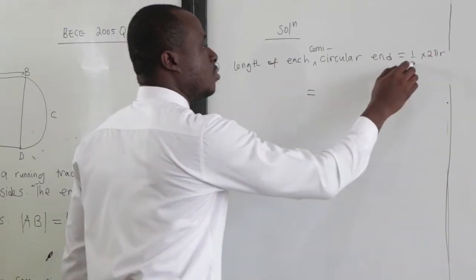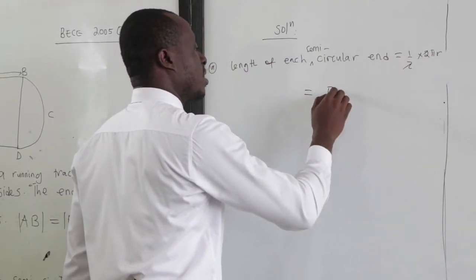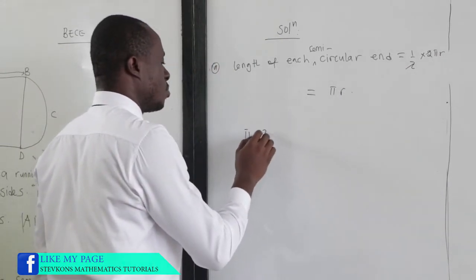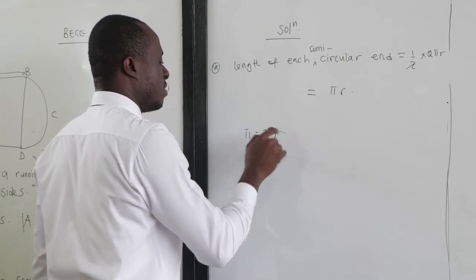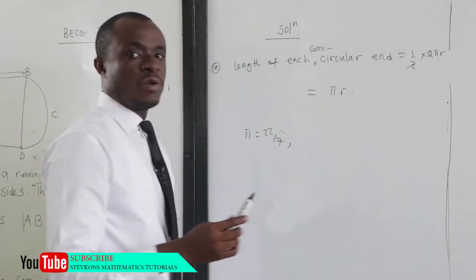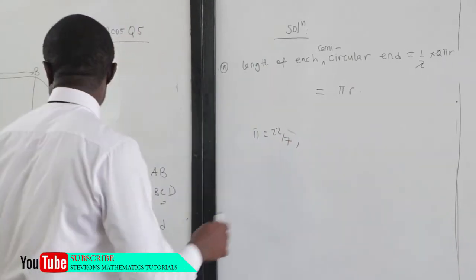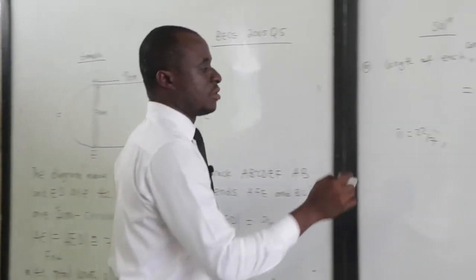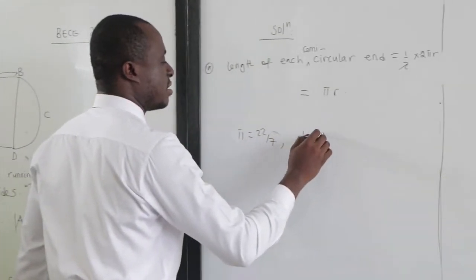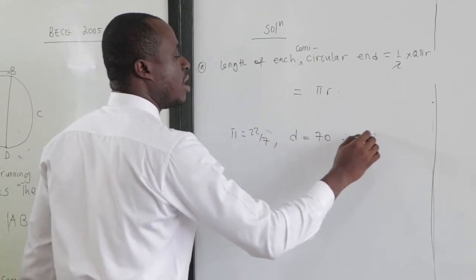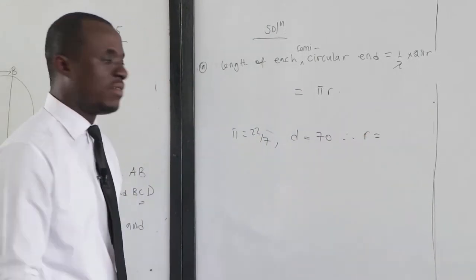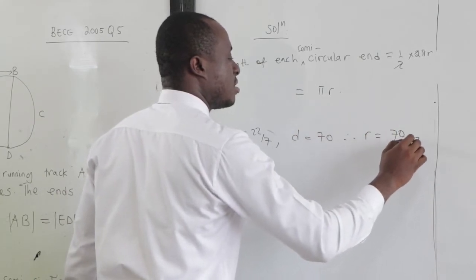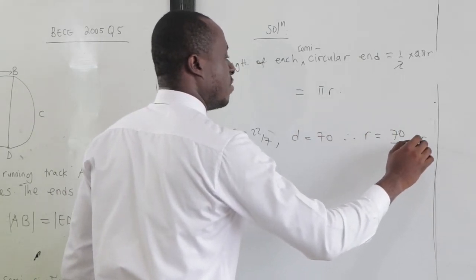Now, this 2 cancels that, so we have pi r. We know pi to be equal to 22 over 7. We were given the diameter. The diameter is AE, which is 70. Therefore, how do you find the radius? That's diameter divided by 2, so 70 over 2, and this is 35 meters.